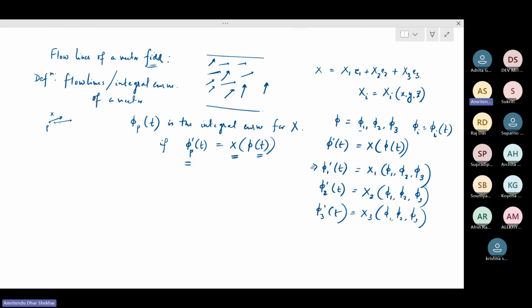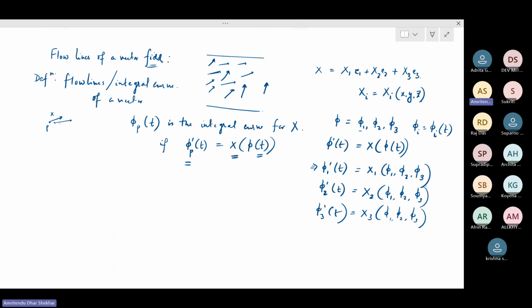In fact, you can always find a solution for all time, because you're going to just assume trivially that X is a vector field on R3 or R2, whatever. So unless stated otherwise, we're going to always assume that the domain in which these vector fields are defined are R3 and R2 and so on. So you have a system of first order ODEs.